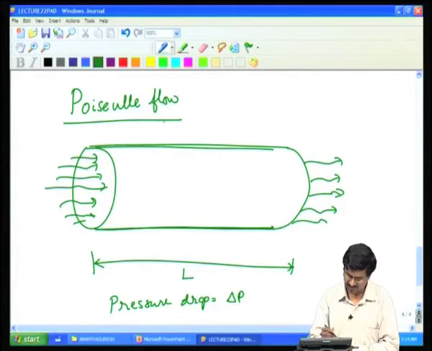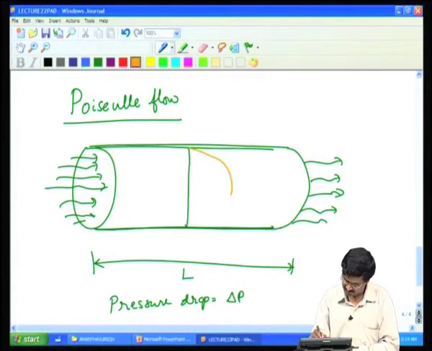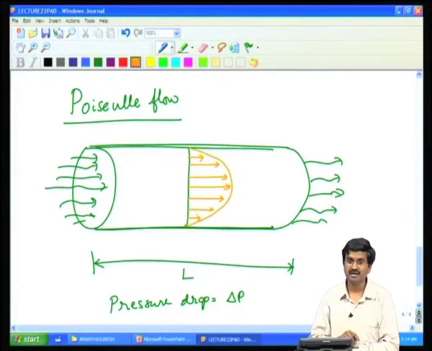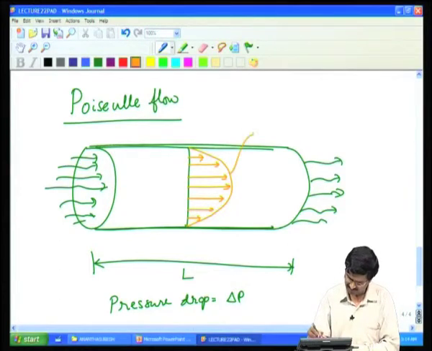If you consider the Poiseuille flow condition, if I take a section, the velocity profile is parabolic. If you look up any fluid mechanics book, they tell you how the conditions of Poiseuille flow reduce the velocity profile to parabolic, which is given by this velocity v.